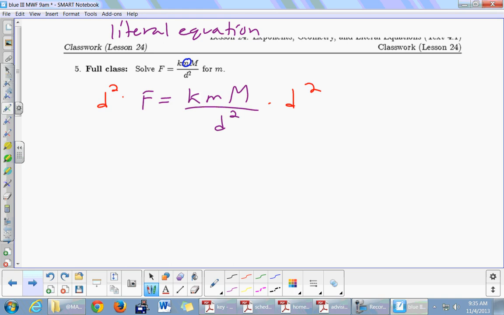What happens on the right-hand side? The d squareds cancel. That's why we put it there. So then I'll just copy what's left. D squared times f equals k, little m, big M.